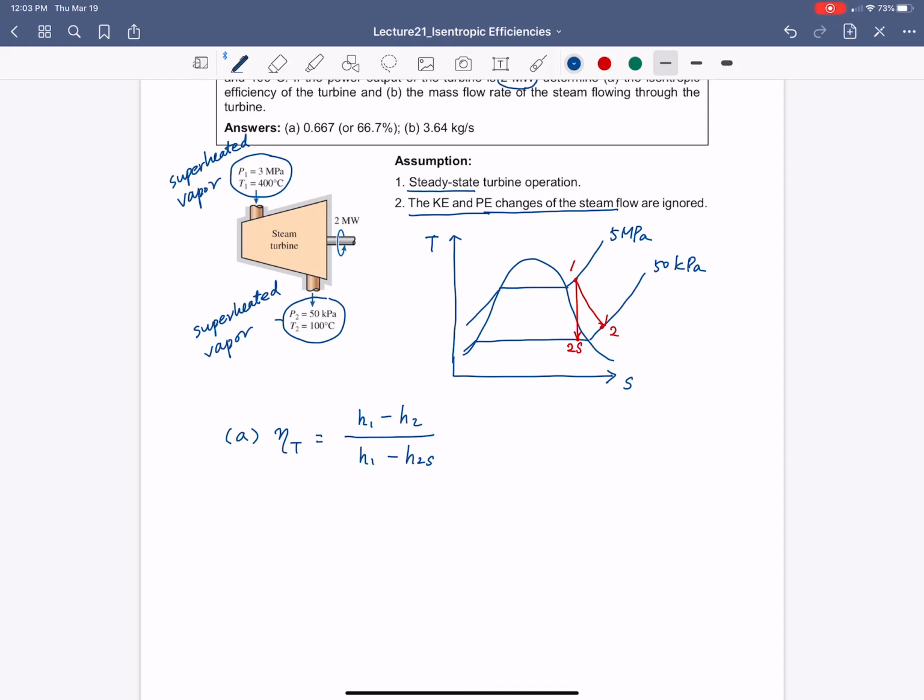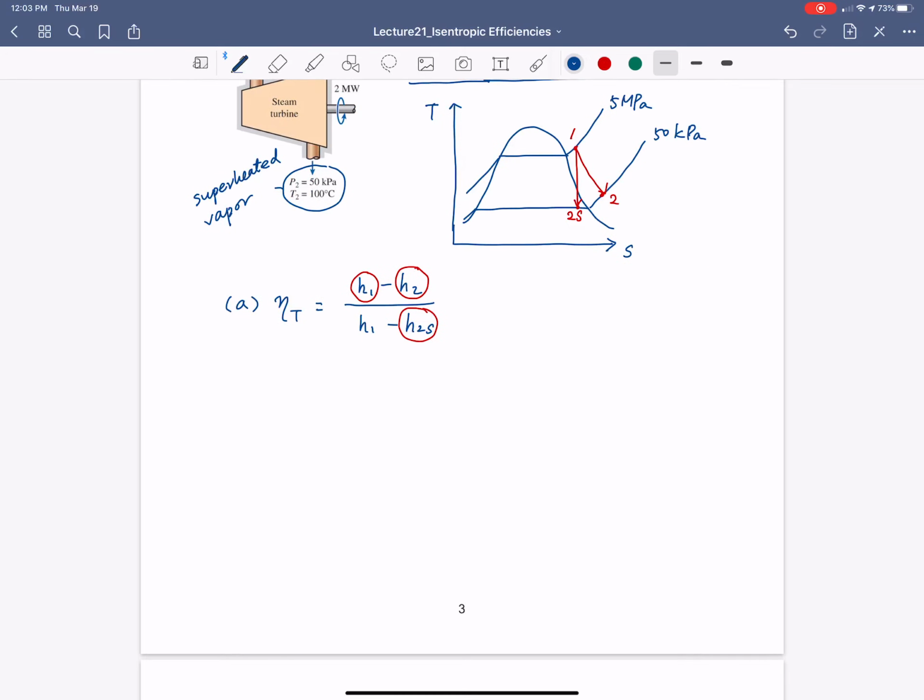In order to calculate the turbine efficiency, we have to find all the enthalpy values H1, H2, and H2S. Now, let's find the value of H1 at T1 and P1.